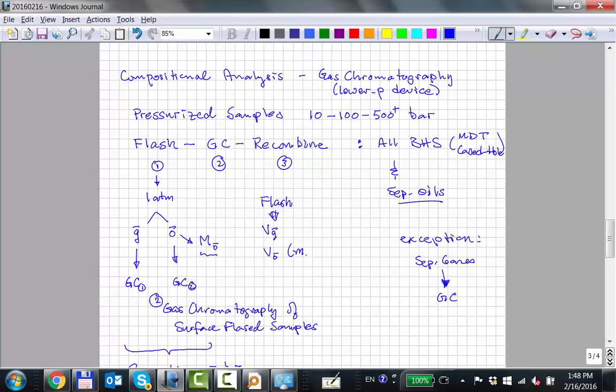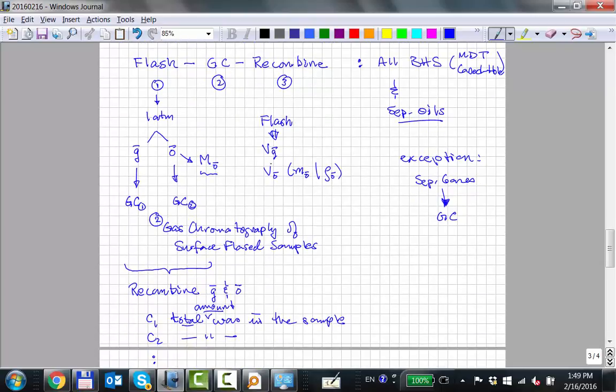They might measure the mass of that flashed oil and its density to get the volume, because there's not very much of it, so they have to weigh it, measure its density, and get basically the volume. Now the ratio of these two numbers is what we call our flash gas-oil ratio.